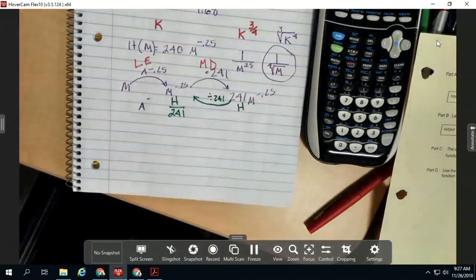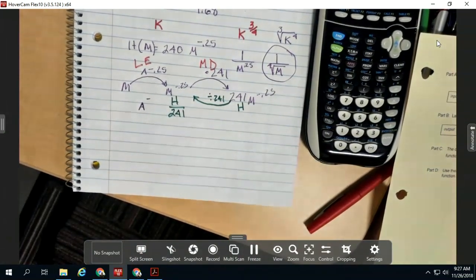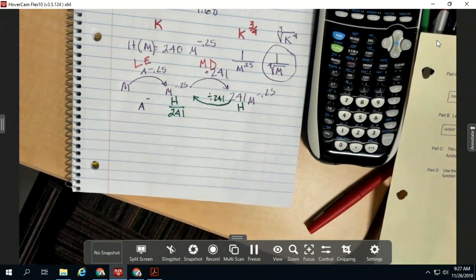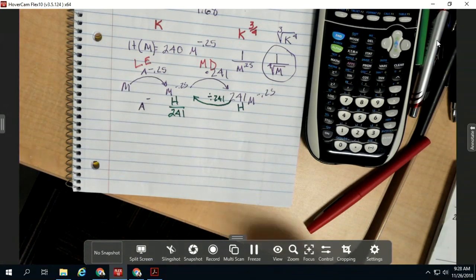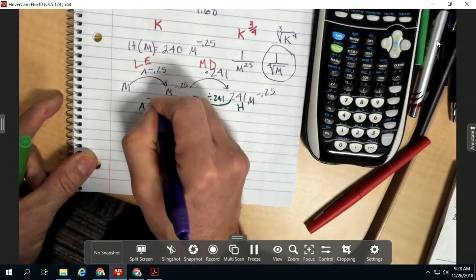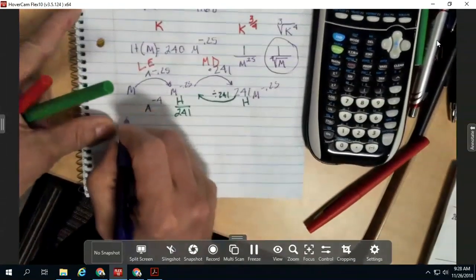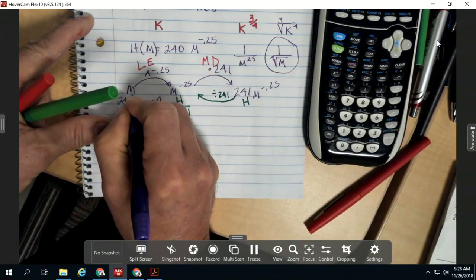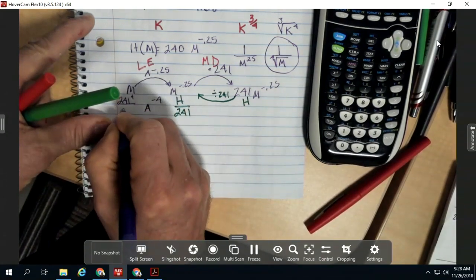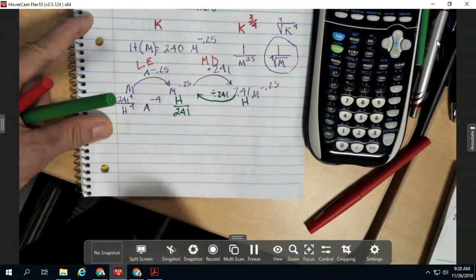Right? To the what power? Negative fourth. So we will end up with 241 to the fourth over h to the fourth.